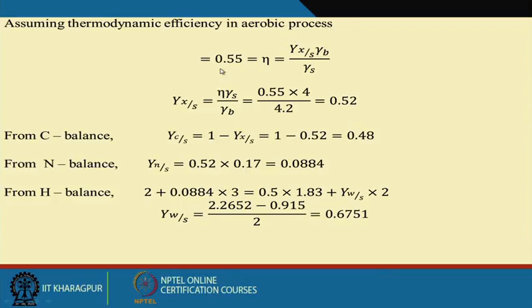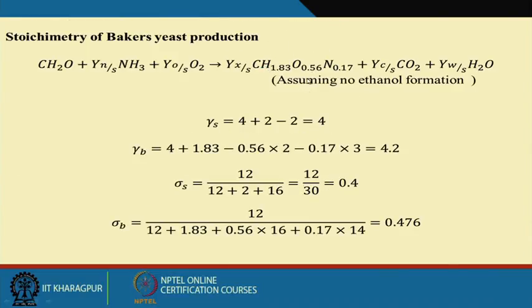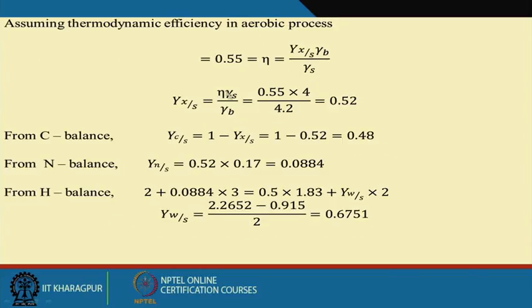If we assume a value in between, 0.55, then epsilon p will be 0, because we assume no ethanol production; this is an aerobic fermentation process, and under aerobic conditions no ethanol production takes place. So, we can assume eta equal to Yx/S times gamma B by gamma S, so Yx/S we can easily calculate as 0.52.